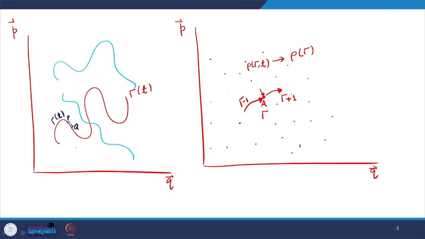So, that means some other trajectory must be coming at P as soon as the trajectory of the system that I am looking at has moved from P to Q. So, as soon as the system moves from P to Q, some other system occupies P. So, the other trajectory should pass through or cross the trajectory that we are considering.